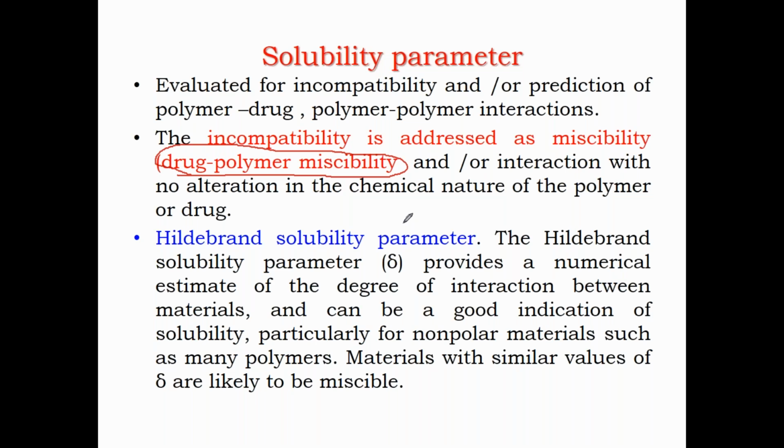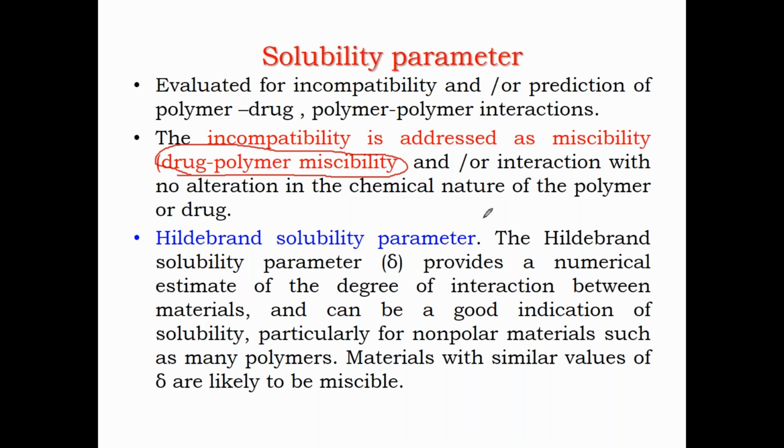So in this case, miscibility is an indirect indication of incompatibility. Though there is an interaction happening, it gives us a positive message stating that there is good miscibility between the drug and the polymer. This is how we are supposed to take the information out of this value. Incompatibility in our cases with respect to pharmaceutics addresses the miscibility between the drug and the polymer.